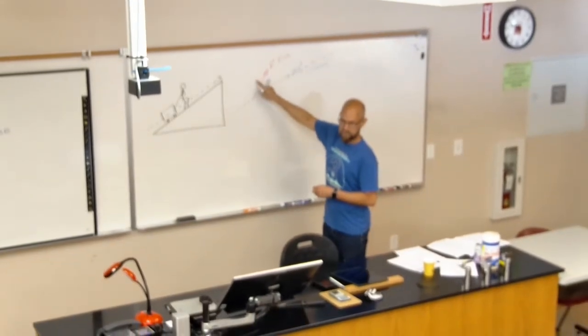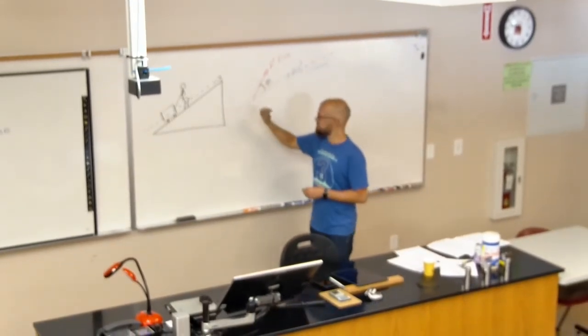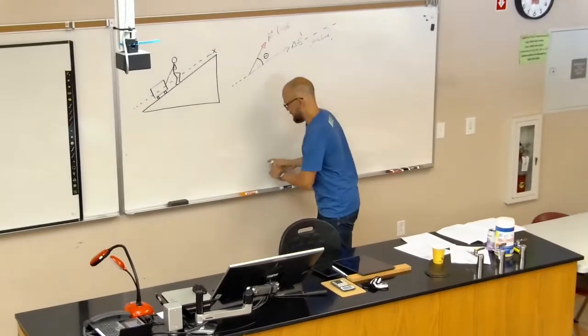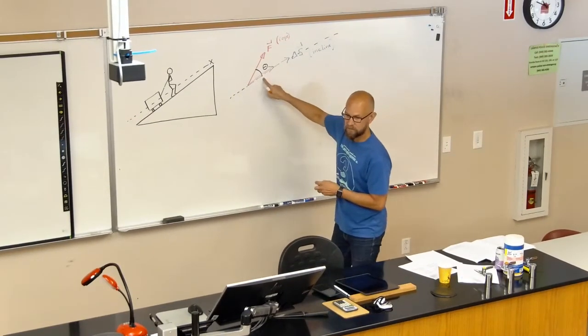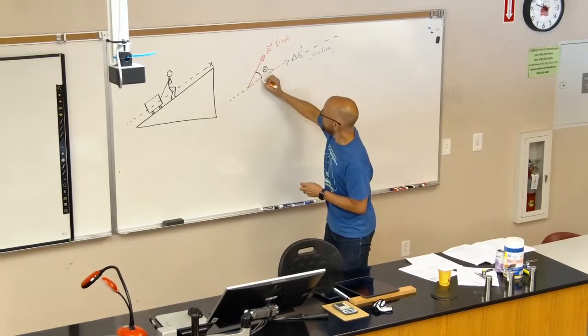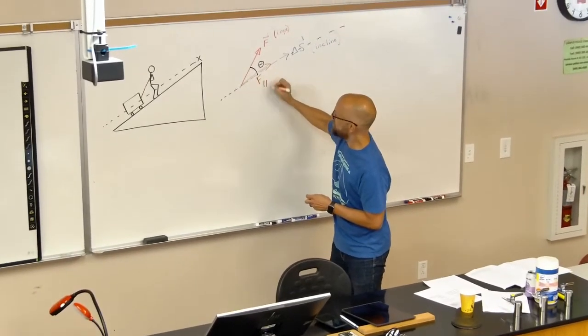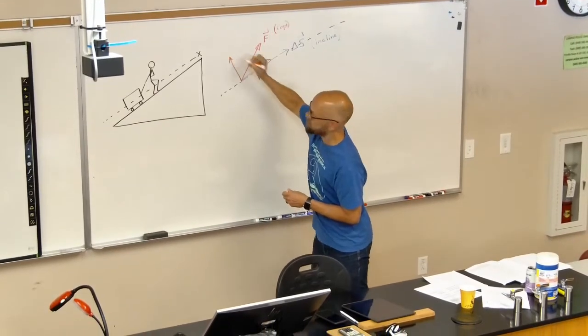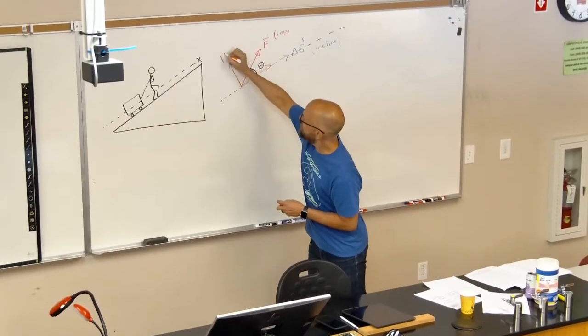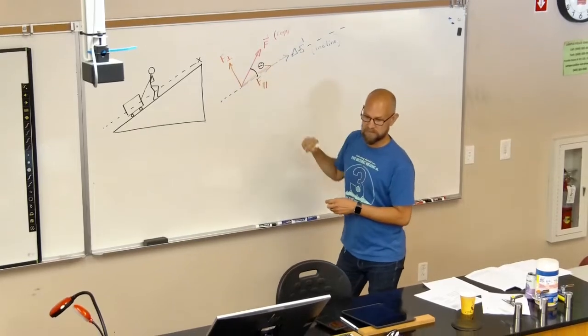So we could break this force vector into two components. It has a component this way, which would be F parallel to the displacement, and there's a component this way, which would be F perpendicular to the displacement.